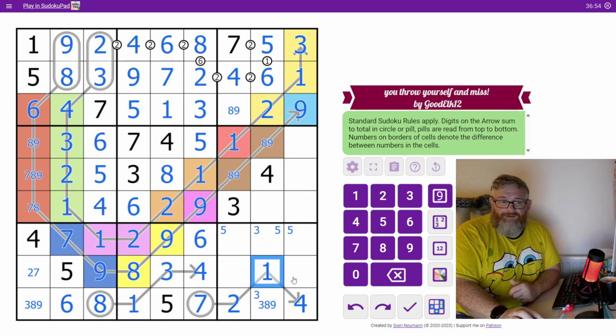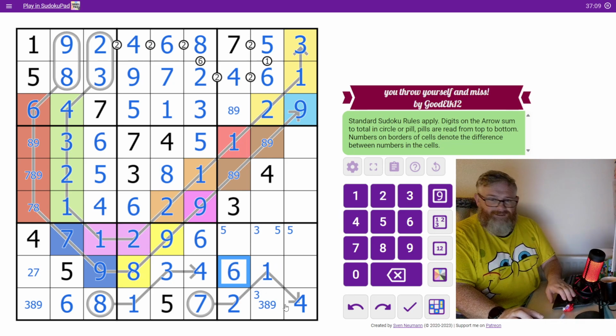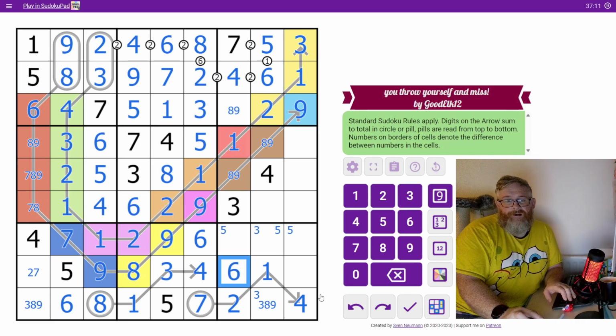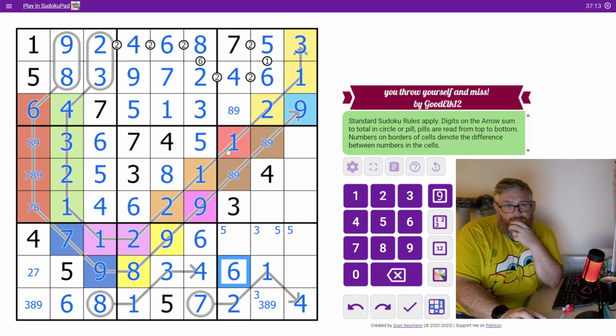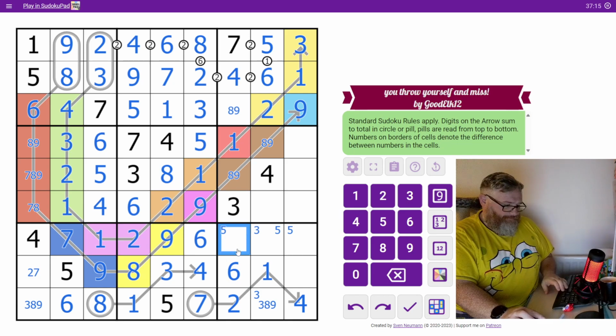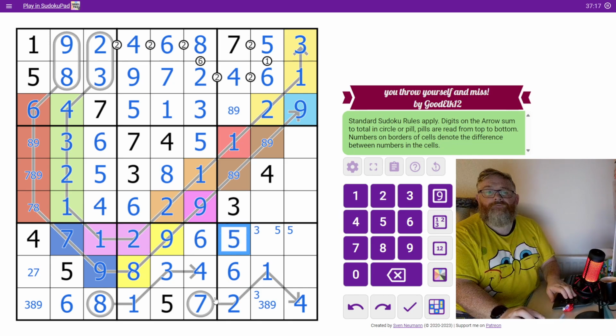So next 2, 7 and 6 is missing from here. Can I put, so I can't put a 6 up there, so it must be there. Got these 8, 9s, which leaves a 5 in there if there's no other 5. Double check, because sometimes when I go quick I get it wrong.